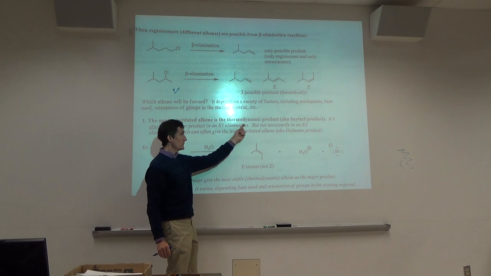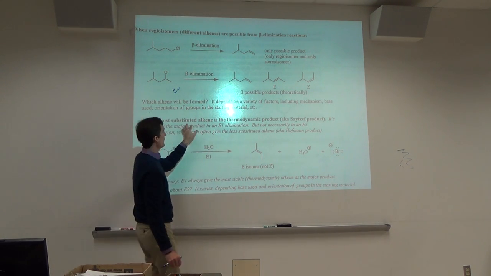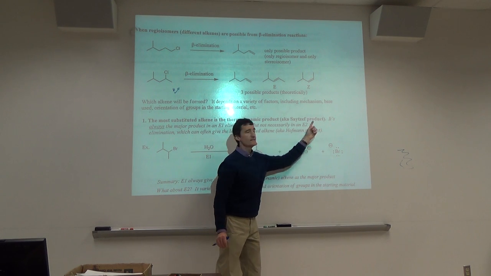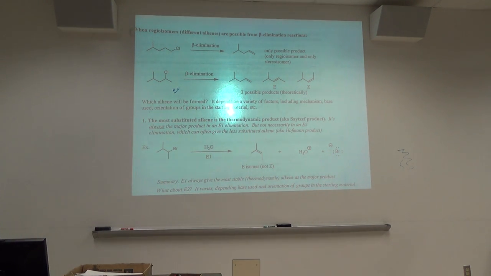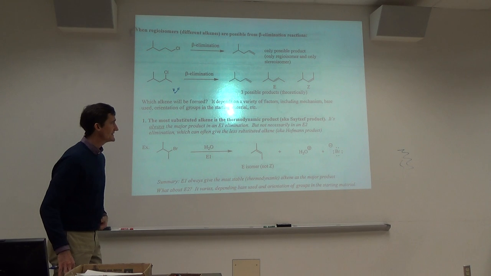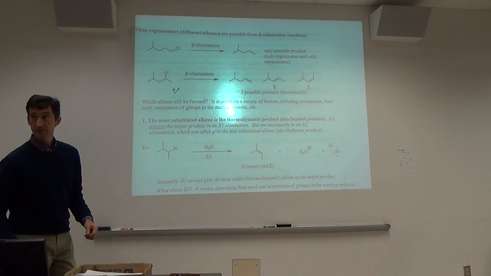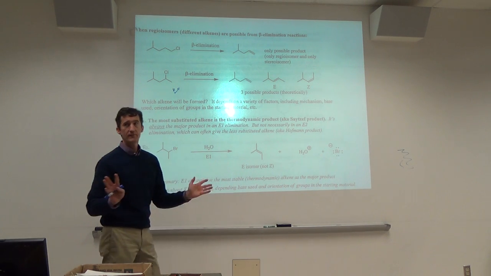The more stable or thermodynamic product, yes. When you're doing elimination, the most substituted alkene is called the Zaitsev product. It's somebody's name, and Zaitsev is spelled about eight different ways. Some books spell it with a Z. It's Russian. It got translated to English, and everybody forgot how to spell it.